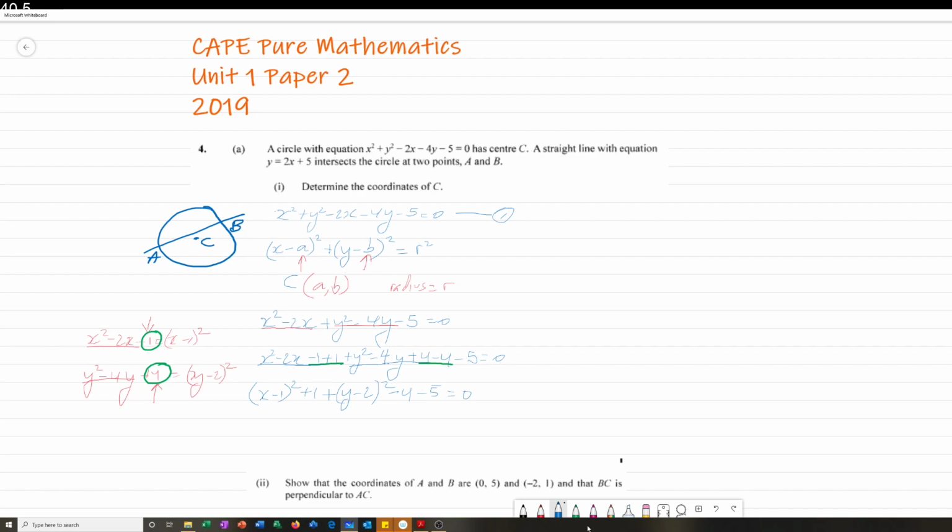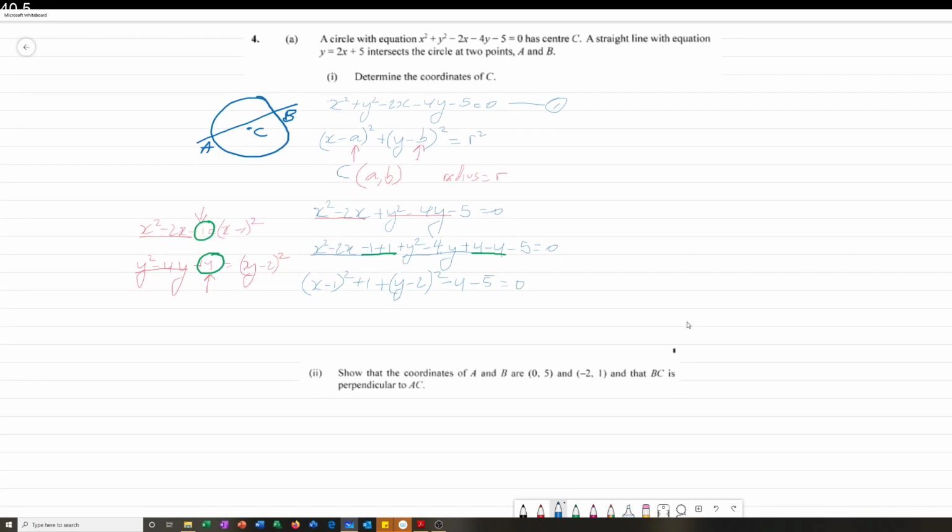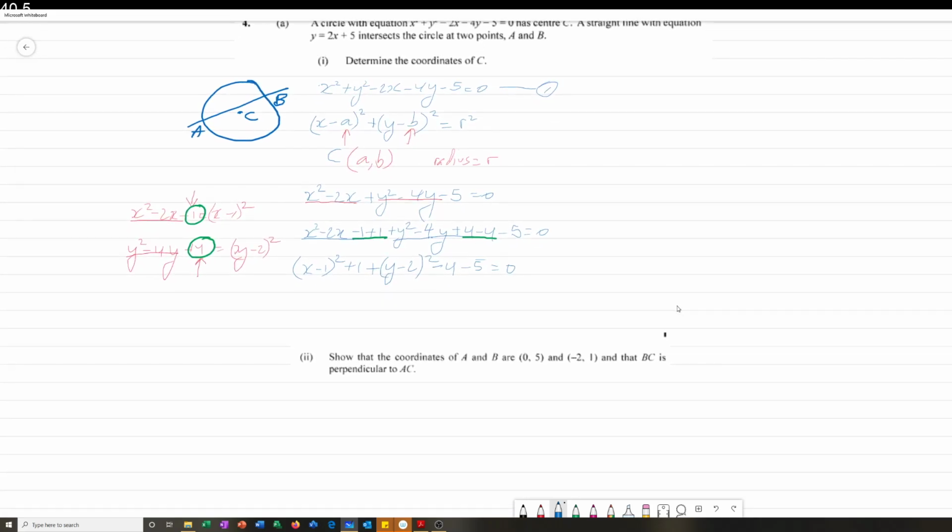This is great because I have now completed the square. So let me add up these constants. This would be x minus 1 squared plus y minus 2 squared, and the constants give 1 minus 4 minus 5, which is minus 8.